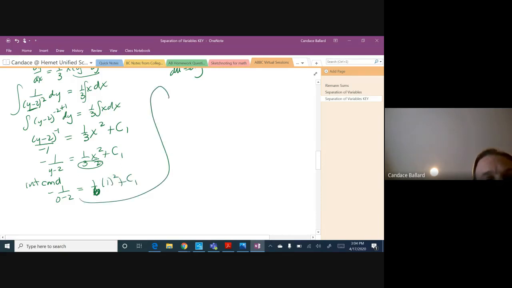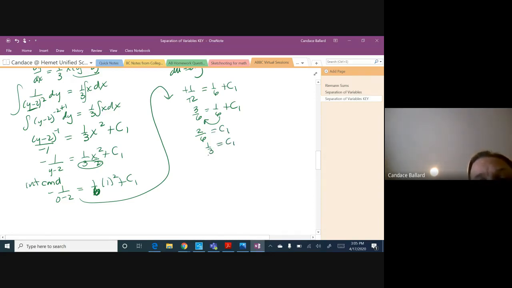Okay, I'm going to move my work up here. So we've got negative 1 over negative 2 equals 1/6 plus c sub 1. That's going to go positive. I need this in sixths, so I know 1/2 is 3/6 equals 1/6 plus c sub 1. Okay, I got to take this and move it over. So when I subtract that over, I get 2/6 equals c sub 1, which is the same as 1/3.